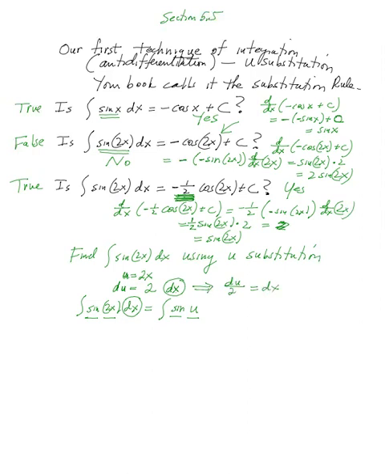If I solve this equation right here, du equals 2dx, dx is du over 2. So I'm going to replace this dx with du over 2. Again, this is highly procedural, but it works. Now, I can factor this 1/2 out front.